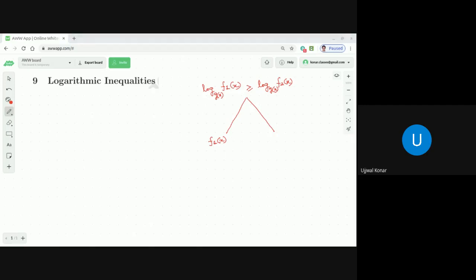So it is f1(x) greater than or equal to f2(x). I'm just giving an example.